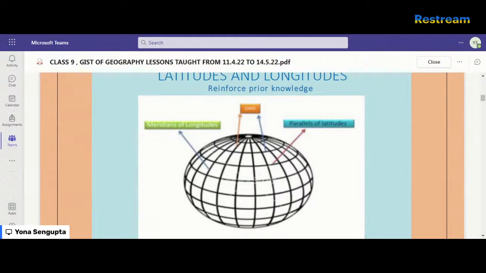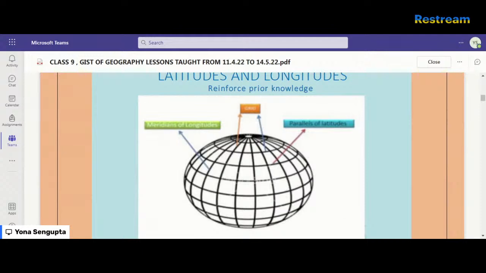Now you can see here that both the horizontal coordinates and the vertical coordinates are needed to locate a place on the earth's surface accurately.